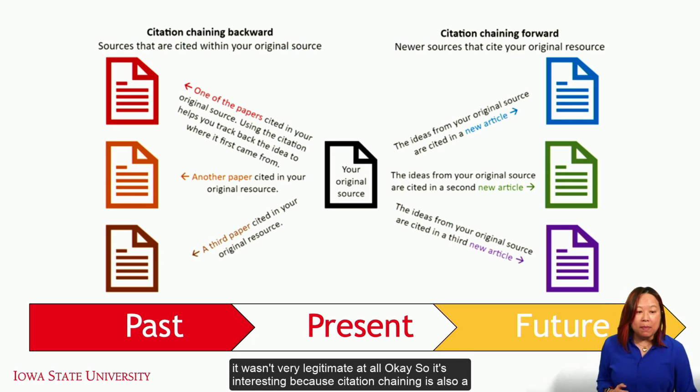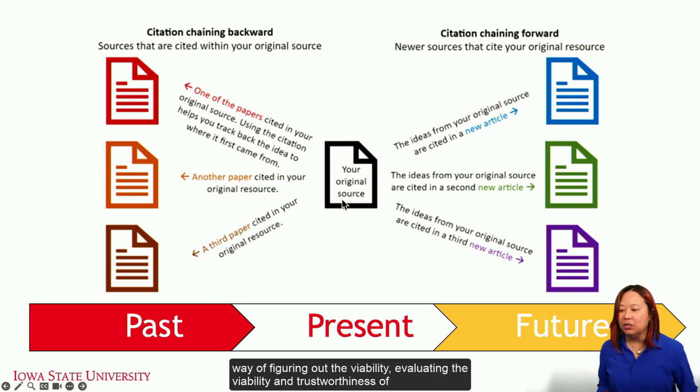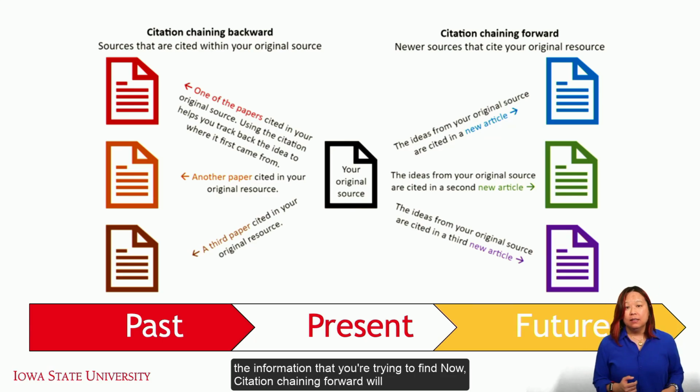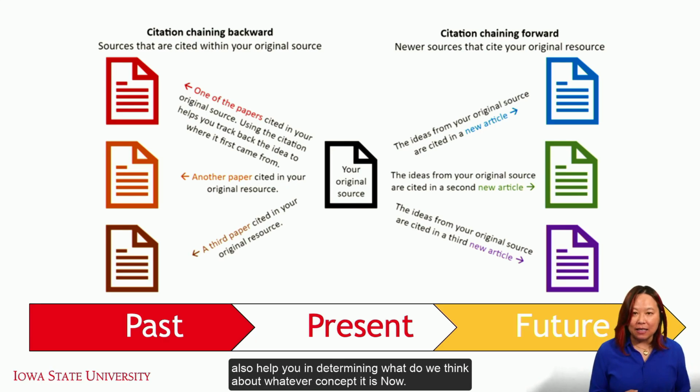So you may have pulled a really good article. Maybe it is an author, a researcher that you follow, and that article was done in 2019. And you're wondering, okay, what has that person done since then? How have they developed their articles, their thoughts, their ideas since this time?